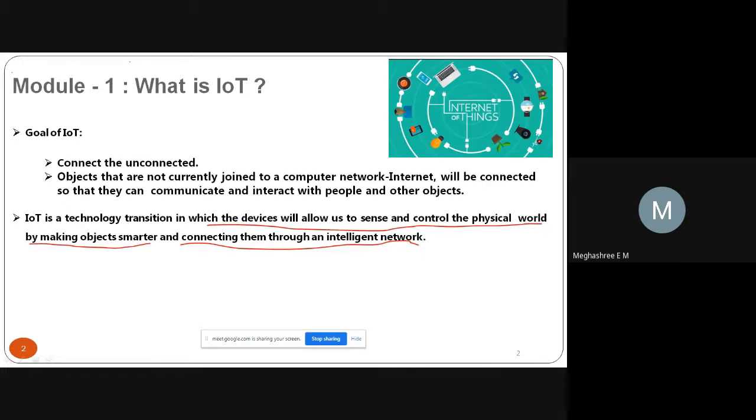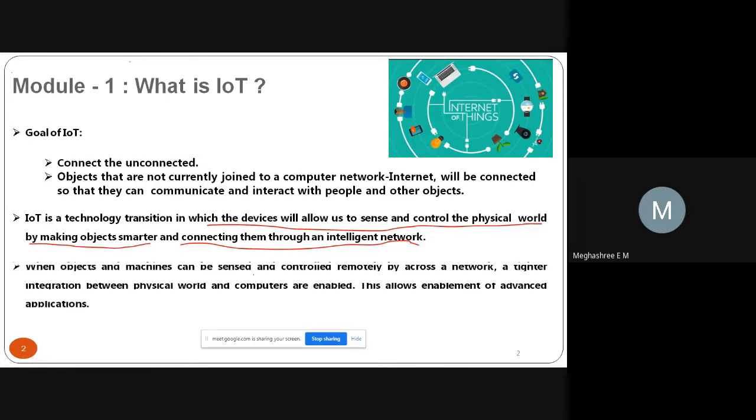So IoT is a technology transition in which devices are allowed to sense and control the physical world. How? By making objects smarter. That means connecting objects to the internet. How can you make them smarter? If you connect those objects to the network, then they can control the physical world.